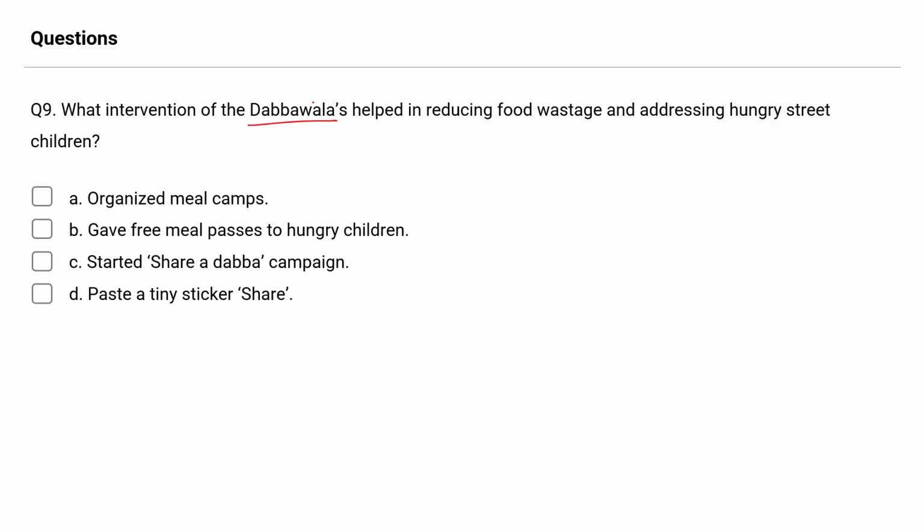We talked about the Dabbawalas of Mumbai, and how it is helping in reducing the food wastage and addressing the hungry street children.